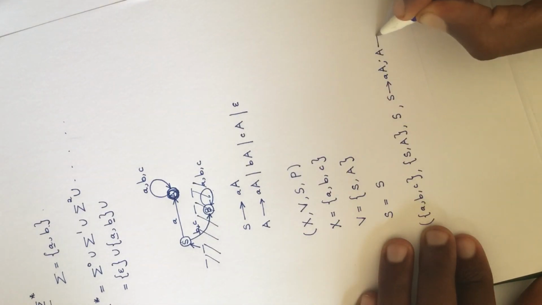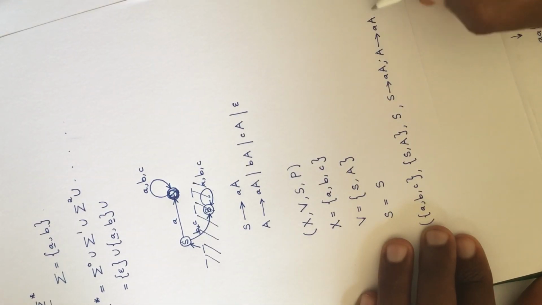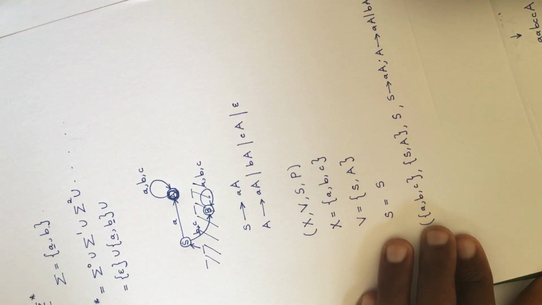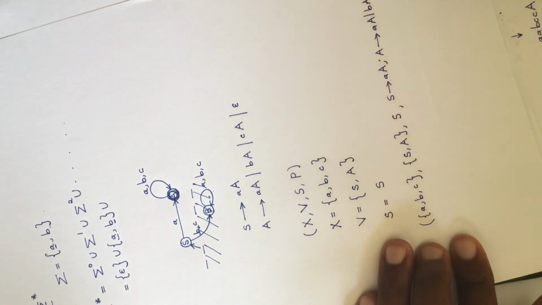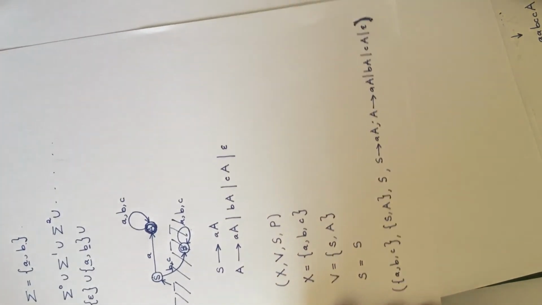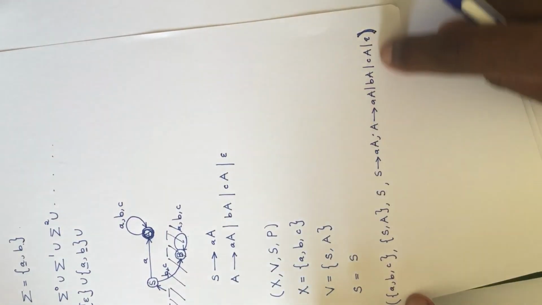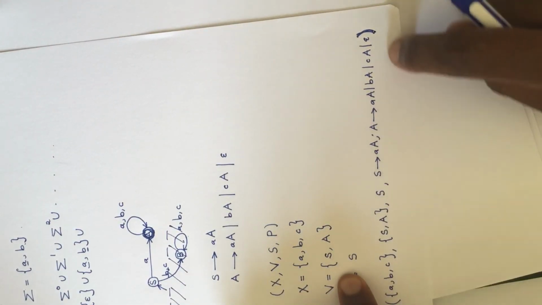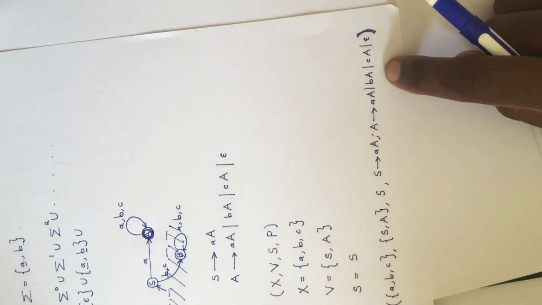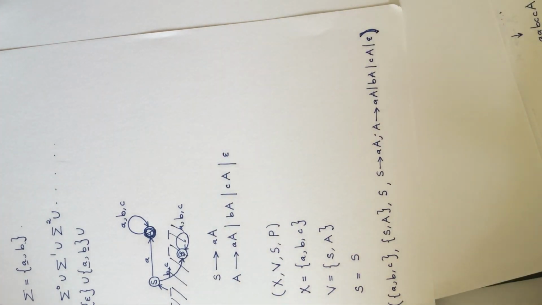We have A, that is A, that is BA, and that is CA, or epsilon, and this is our grammar. You get it? This is our grammar. This is the grammar they wanted. You can go and cross-check it in the solutions they provided. It will make sense, I'm sure.